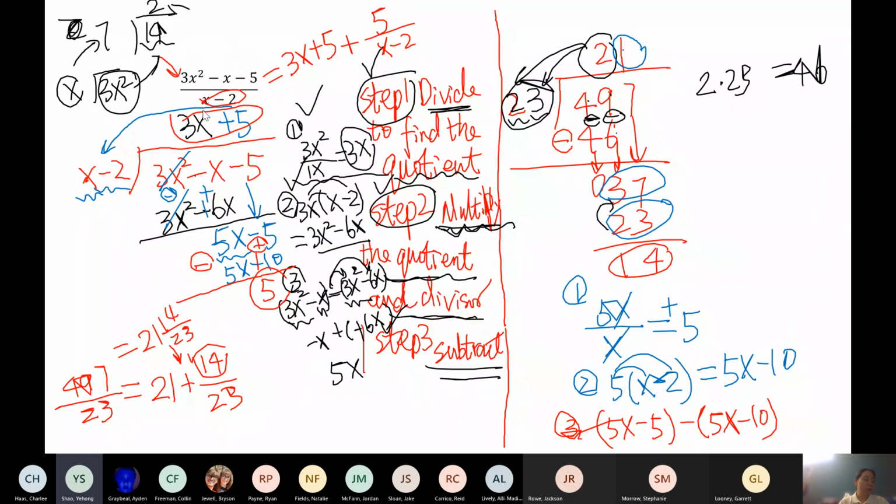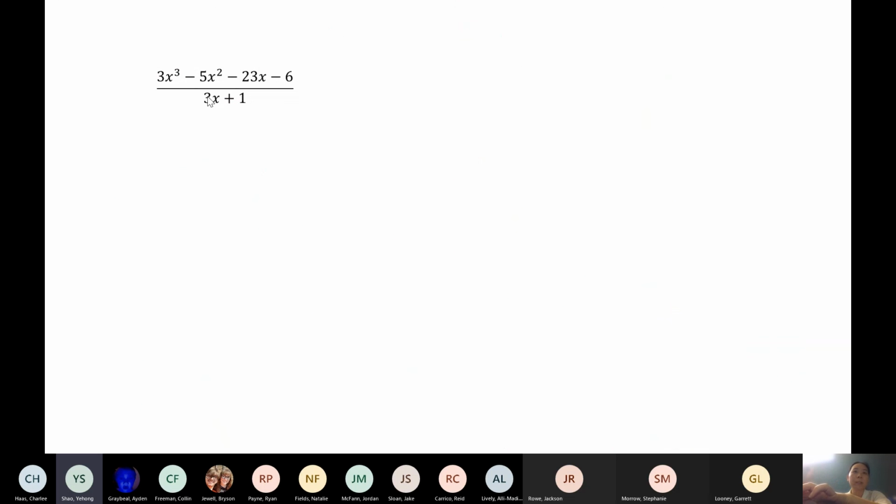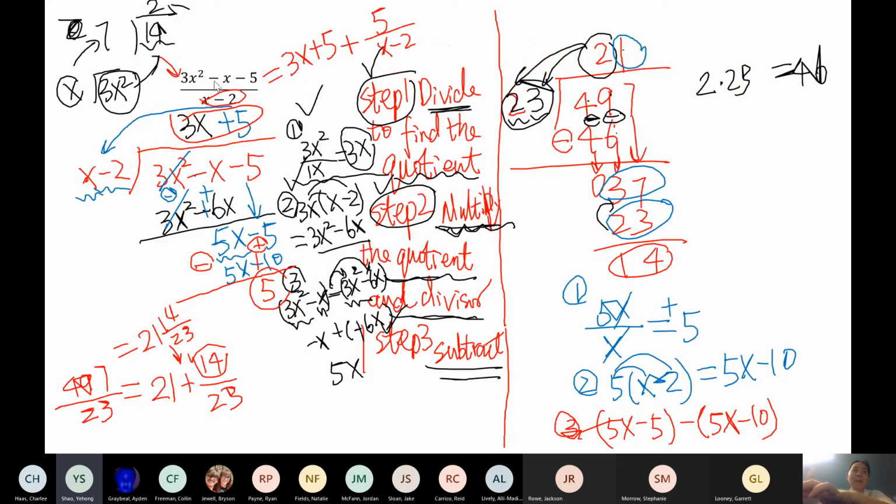But if you have never heard of what synthetic division is, you don't have to worry about that, because this method works on any type of question. There is a bonus problem that I gave on the homework this week, and the number in front of x is not going to be 1. So when you have a 3, not 1, you cannot do synthetic division anymore. Synthetic division actually is a quick way to do long division without carrying down all the variables.